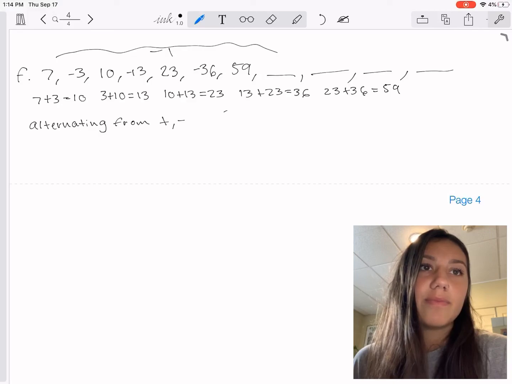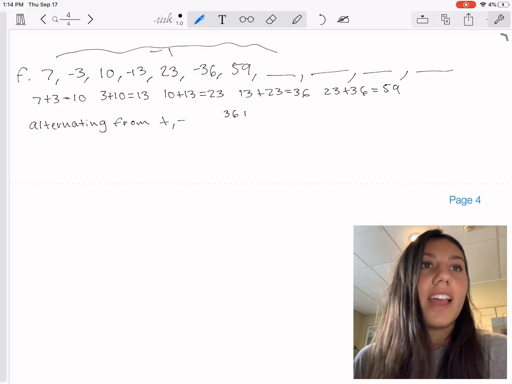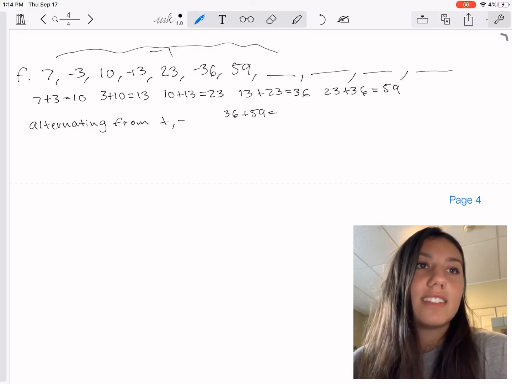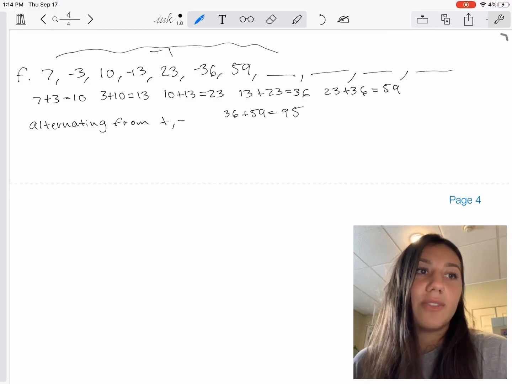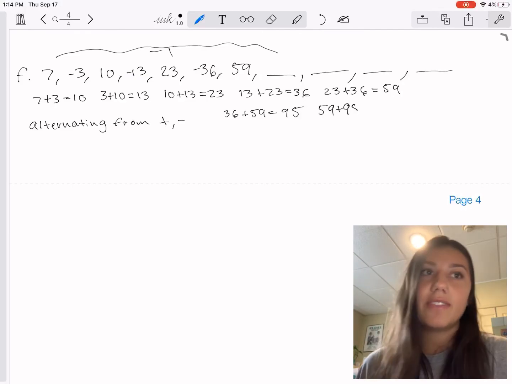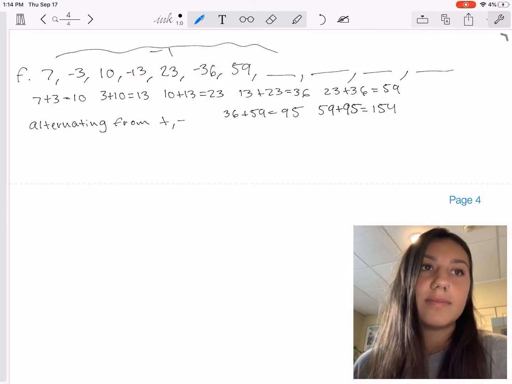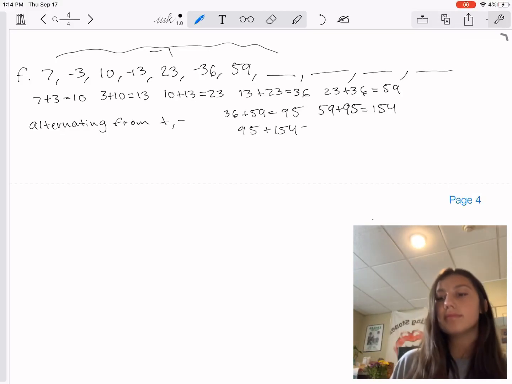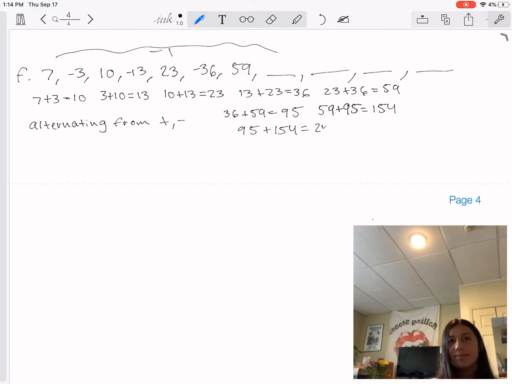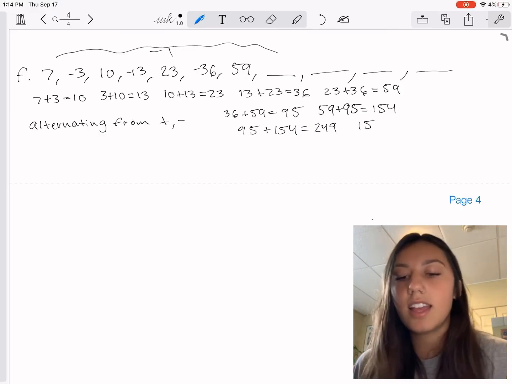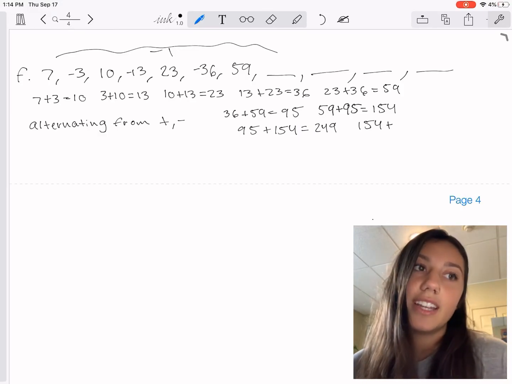I brought the next equations down for the next four numbers, and so it'd be 95, 154, 249, and then 403.